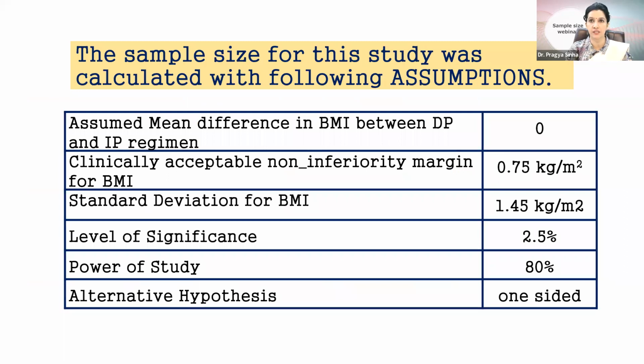So this is the assumption: assume the mean difference in BMI between this daycare treatment and the intensive treatment regime is 0. The clinically acceptable non-inferiority margin is 0.75 and the standard deviation is 1.45. And you can see the level of significance is 2.5 and the power of the study is 80%.